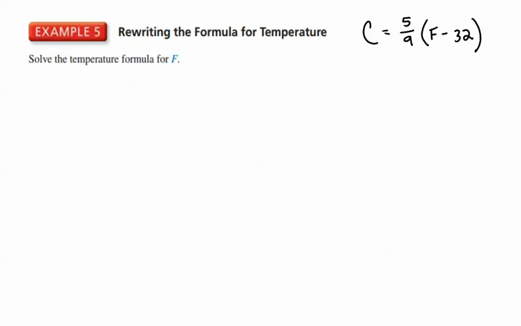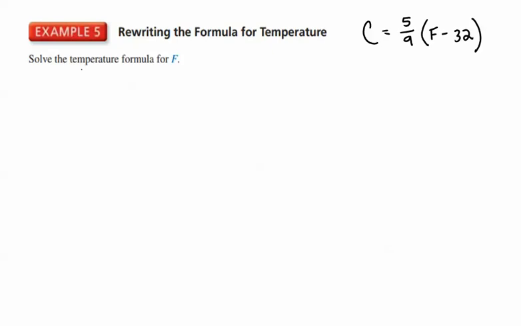For example, today might be 65 degrees. We would plug that in for F and then subtract 32, multiply that by 5/9, and we would get what the centigrade temperature would be. But what we want to do here is, without plugging anything in, solve for Fahrenheit.